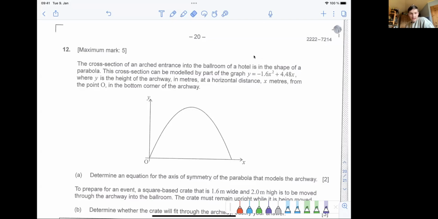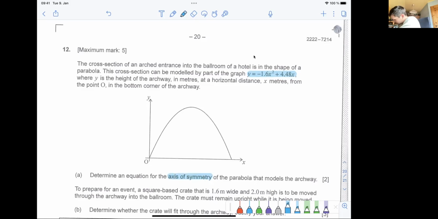Okay. Part A asks us to determine an equation for the axis of symmetry of the parabola that models the archway. So let's highlight our model function, and we're being asked to find the axis of symmetry.